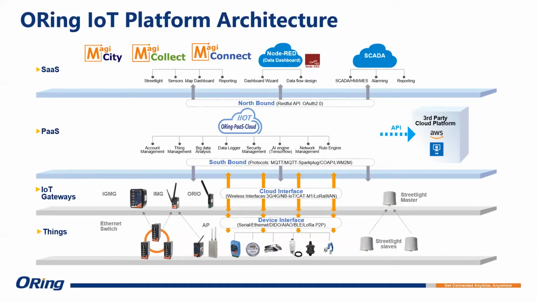So moving a little bit up to the PaaS layer, we have the southbound API of the cloud platform. There are some basic protocols currently supported in the market. These protocols are MQTT, and also MQTT Sparkplug B, which defines the payload and topic. There is also CoAP or Lightweight Machine-to-Machine.